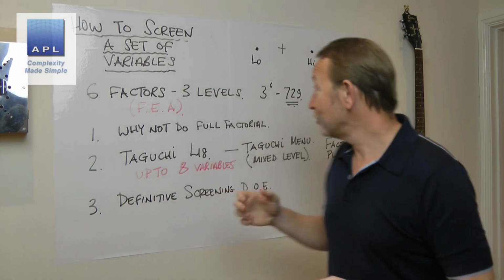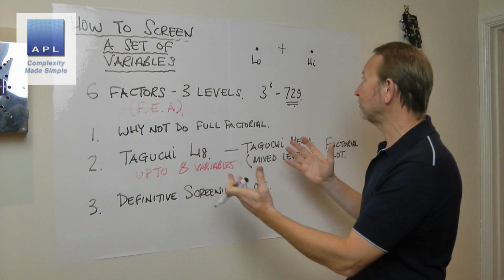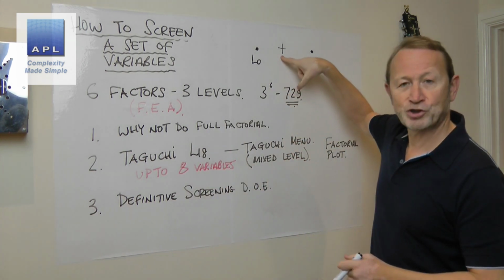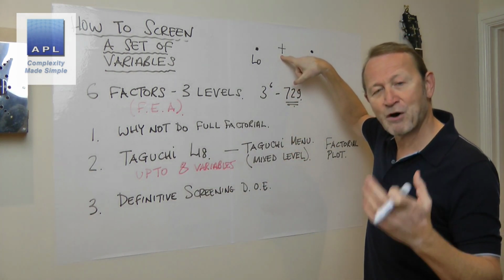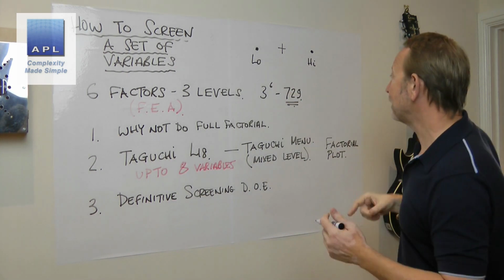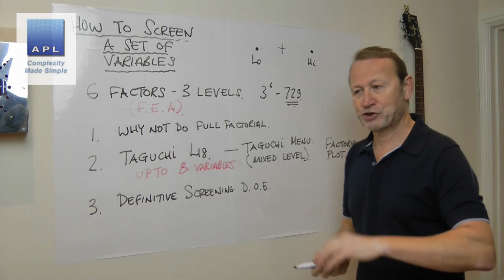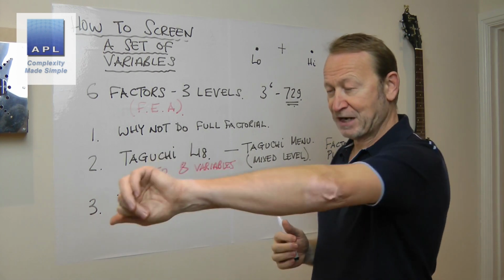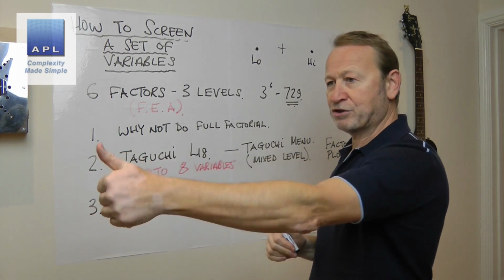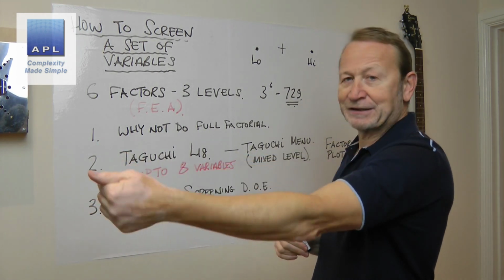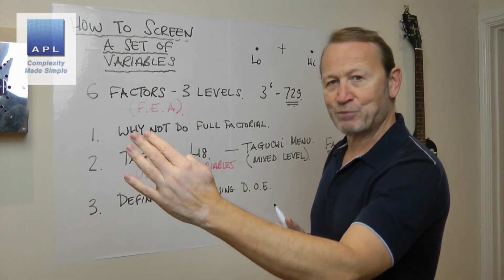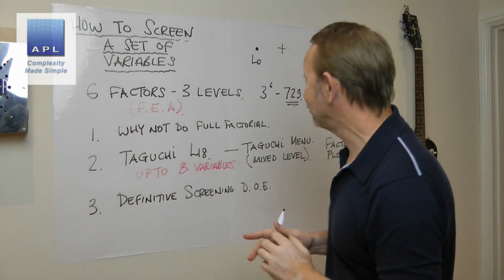Whenever you do a 3-level DOE, you have to make sure that this middle value is possible. For example, if you have a dial with numbers on and it just clicks 1 to 8, there's no 3.2 setting or 3.3 setting.